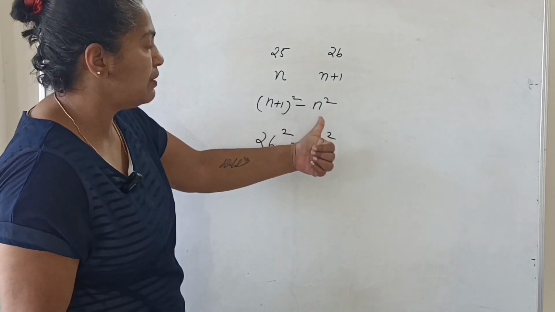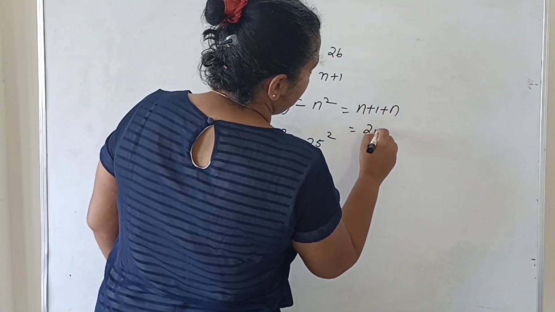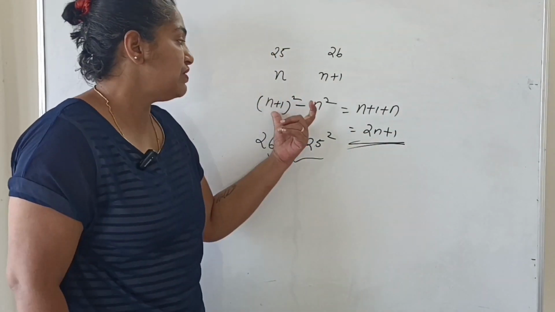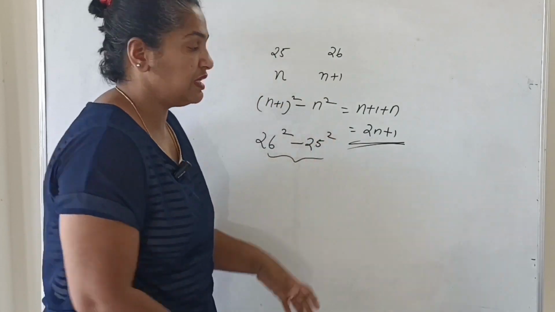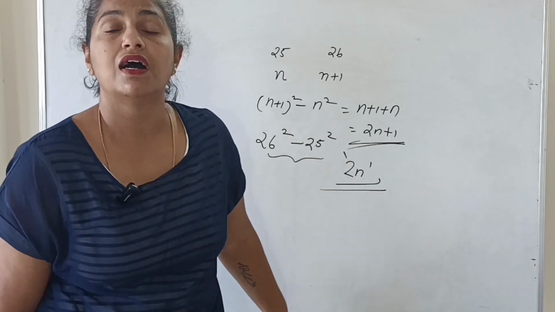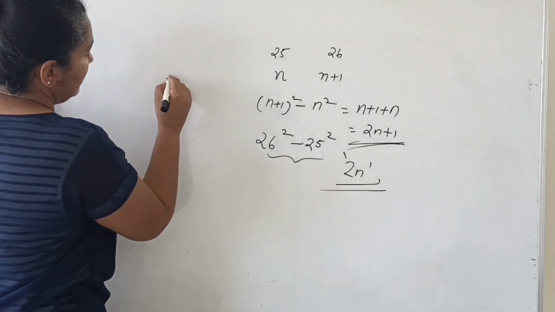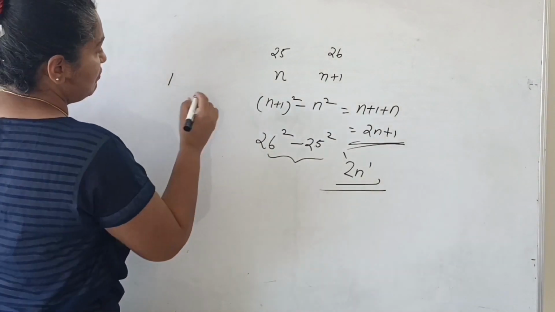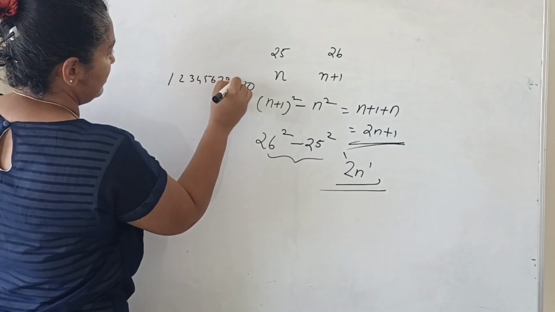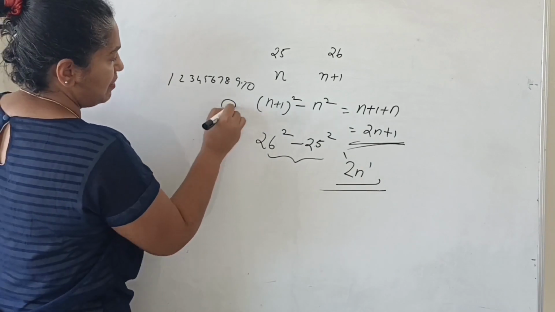So n plus 1 the whole square minus n square has the value n plus 1 plus n, which is 2n plus 1. Correct. So in between the squares of two consecutive numbers, 2n numbers are there. Let us see how this is happening. Let us see how many numbers are there between 1 and 10: 2, 3, 4, 5, 6, 7, 8, 9. That is 8 numbers.